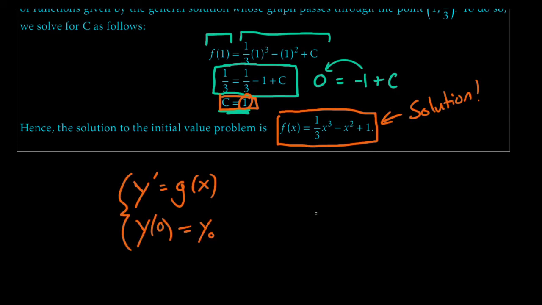There are a lot more complicated differential equations. We could have something like y double prime plus 2y squared equals natural log of y triple prime times y minus 2. Who knows? We could have crazy stuff.